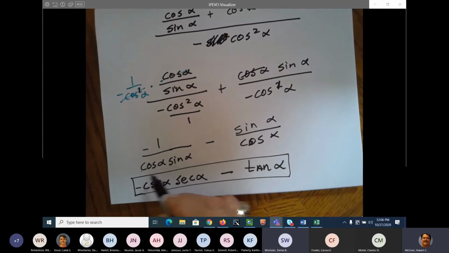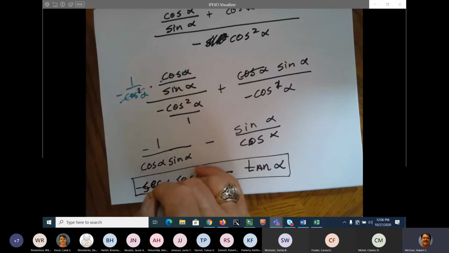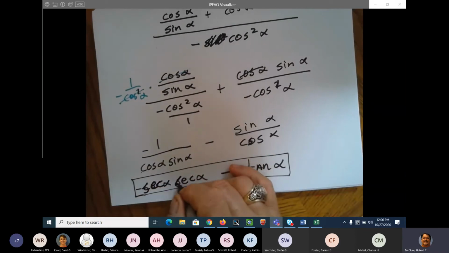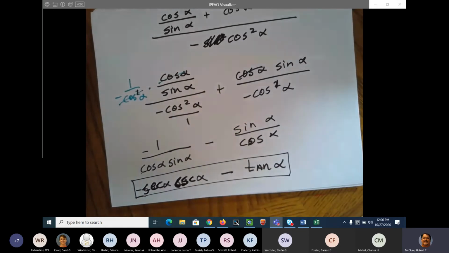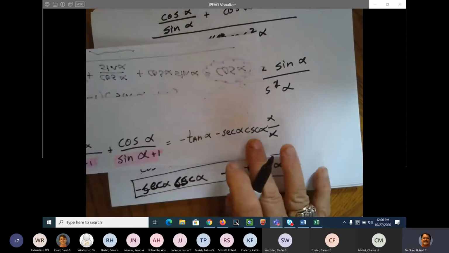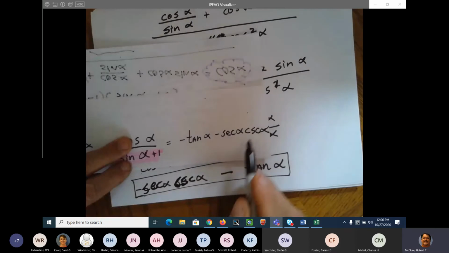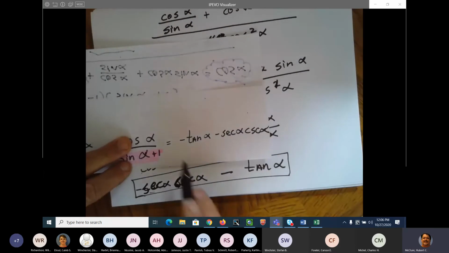Yeah, so I got it backwards. Sorry. Anyway, that's secant and cosecant. Thank you. And that's what we started with. Negative secant cosecant minus tangent.